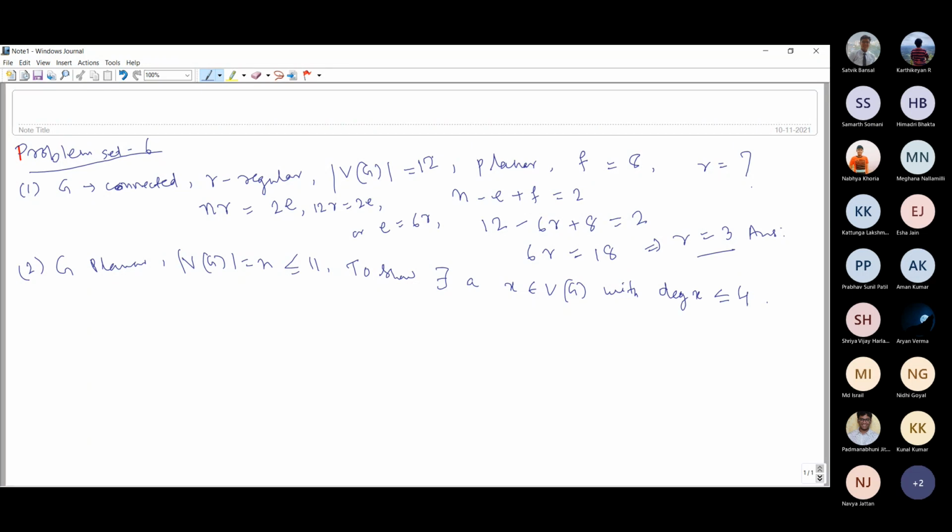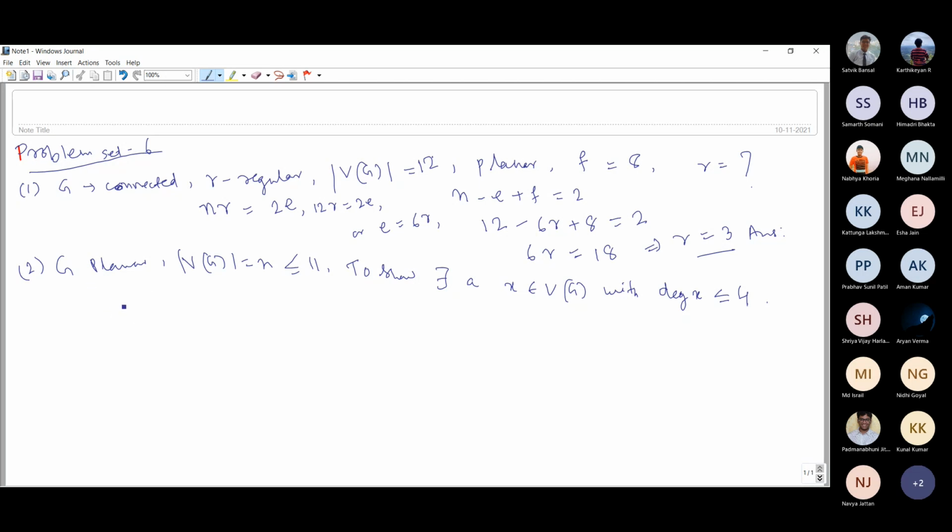How can you prove this? Has anybody tried this problem? Can you give any idea how to proceed? Tell me if you have any idea how to prove this one. We can prove by the method of contradiction.